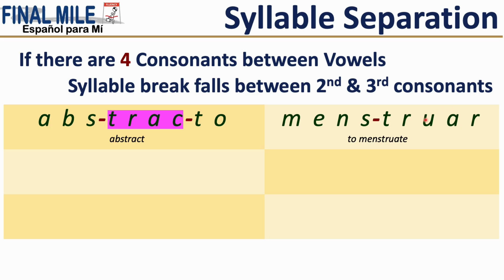We cannot. They are adjacent vowels. One is strong and one is weak. We cannot separate them, so this ends up being a long word with just 2 syllables in it. Applying pronunciation emphasis, we say menstruar, menstruar.